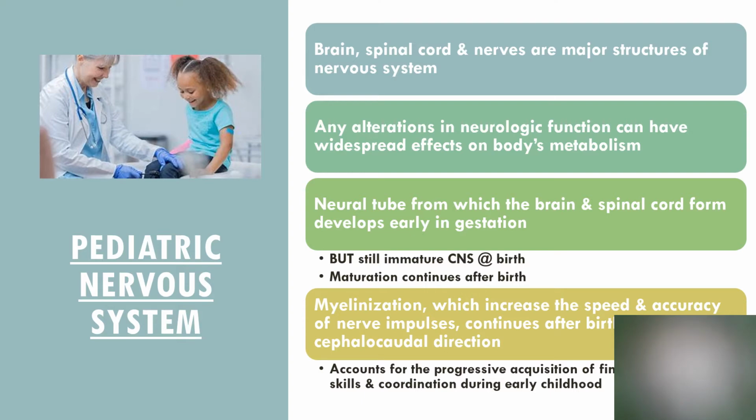The neural tube is the tube from which the brain and spinal cord form and develop during gestational growth. That occurs in utero in the first trimester of pregnancy. And we mentioned a little bit when we talked about iron deficiency anemia the importance of having iron in the diet at adequate levels in the pregnant mother to ensure that we have good neural tube development.